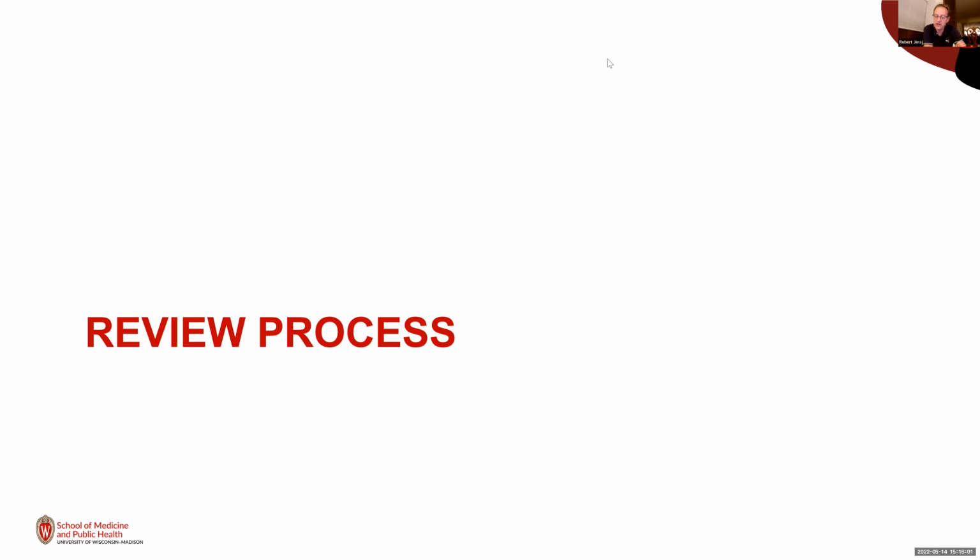There was a question in the chat about reviewing dissertations. So typically, and it might vary a little bit by institution, plagiarism from a dissertation to a paper is not considered plagiarism.